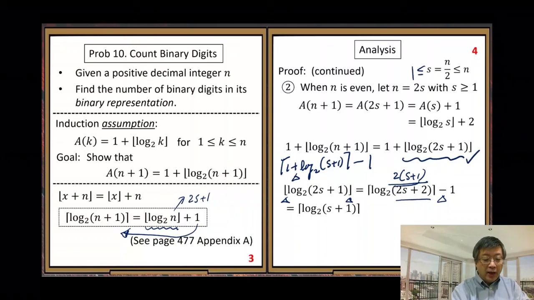Then for the ceiling function, the integer we can pull out of the ceiling function bracket, similar to the floor function bracket. We also have that formula. After we pull it out, plus 1, minus 1 cancel out. So we have that expression.